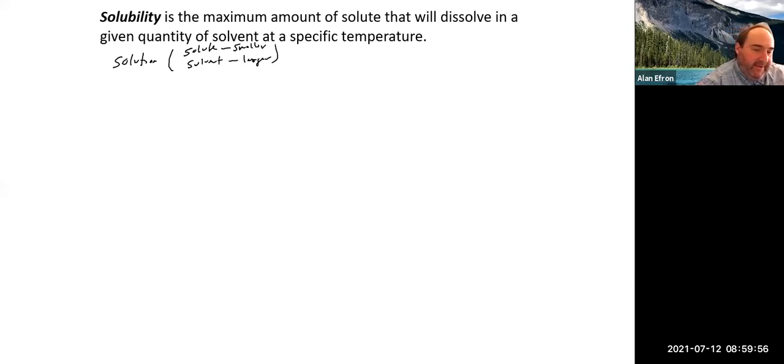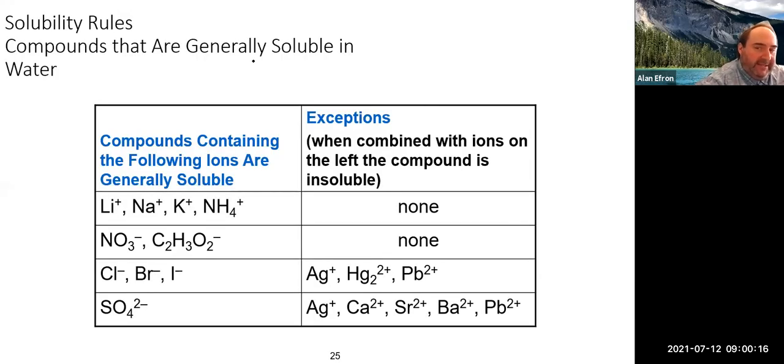If you take a little bit of sugar and water and you dissolve it, it will dissolve. If you take the big Costco sized bag of sugar and dump it into a glass of water, at some point it won't dissolve anymore, right? That's where we talk about solubility. There is a limit to how much you can dissolve in a particular solvent. Water can only take so much sugar before it can't take any more.